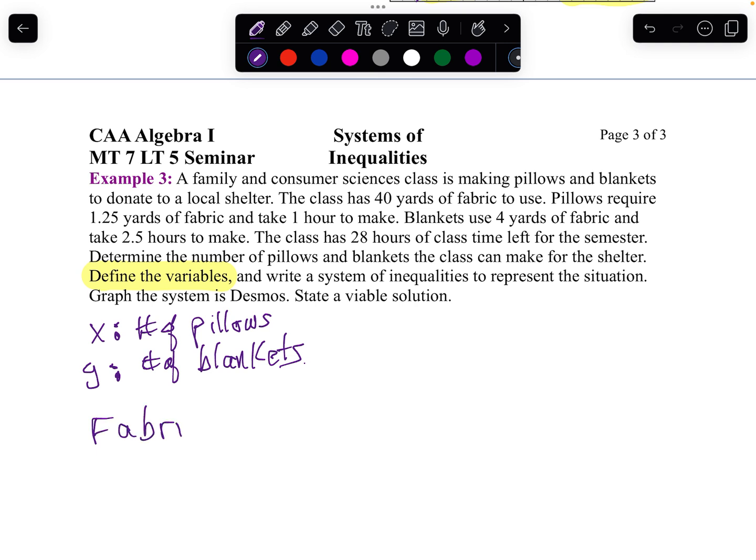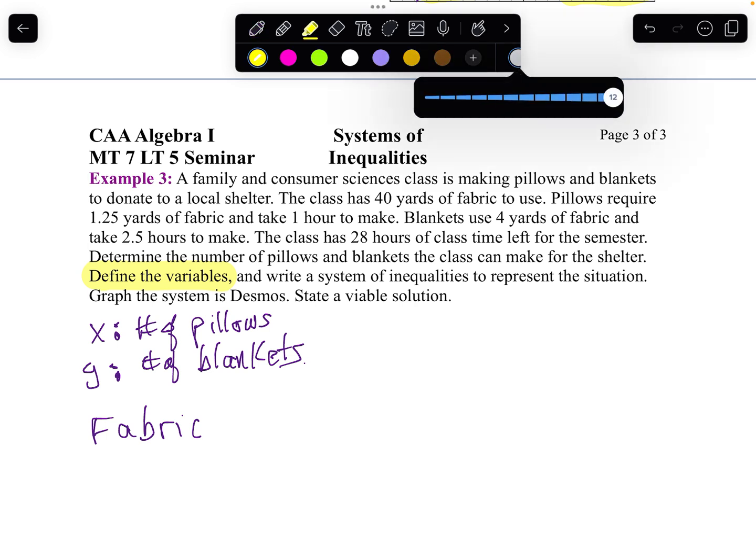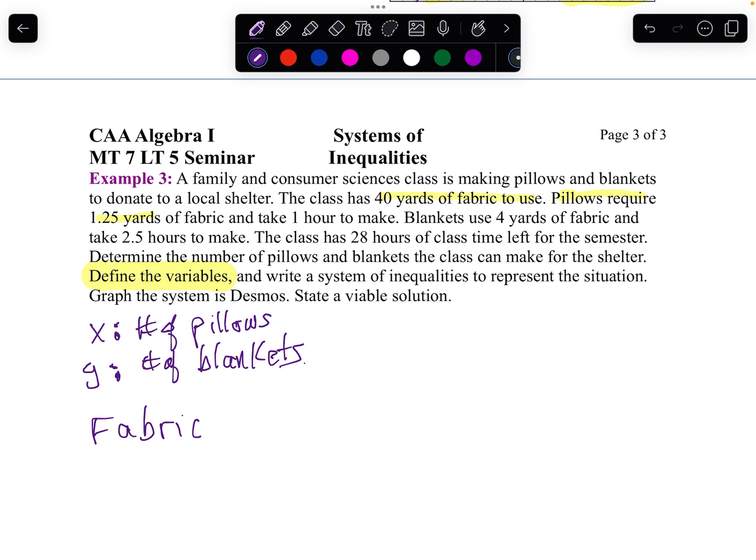Let's start with fabric. They have 40 yards of fabric to use. In other words, we can't use any more than 40. Pillows require 1.25 yards of fabric, so we're going to say 1.25x.